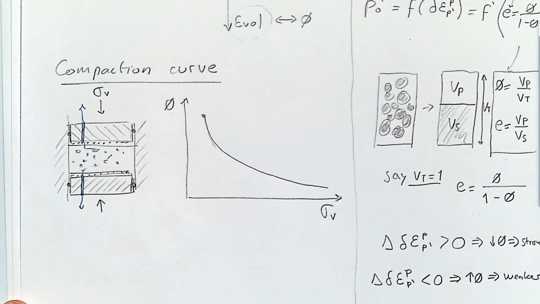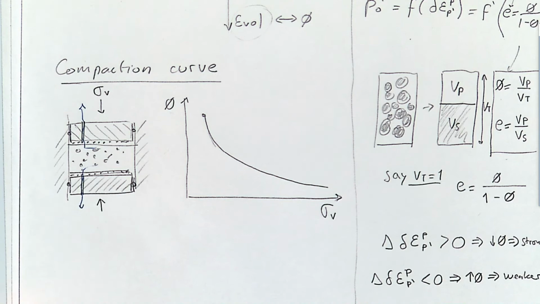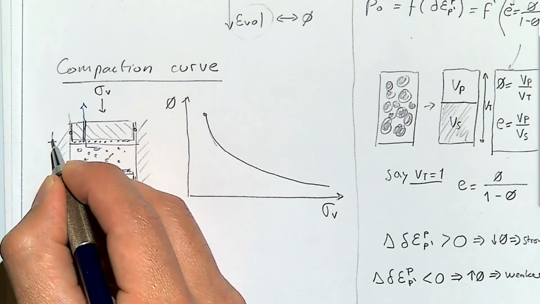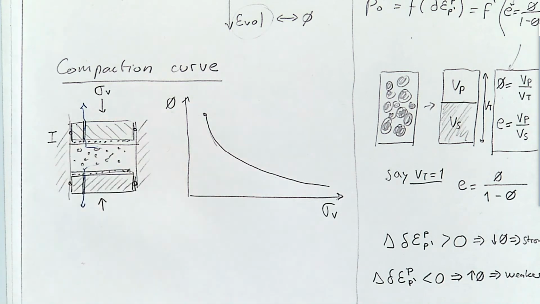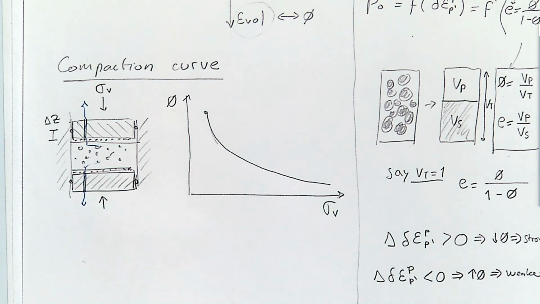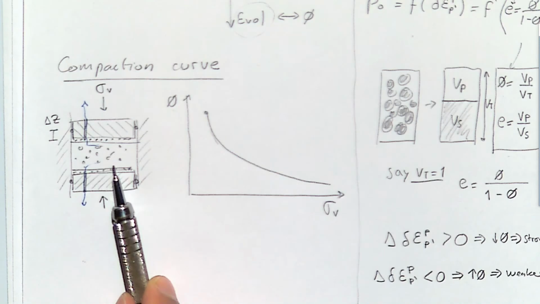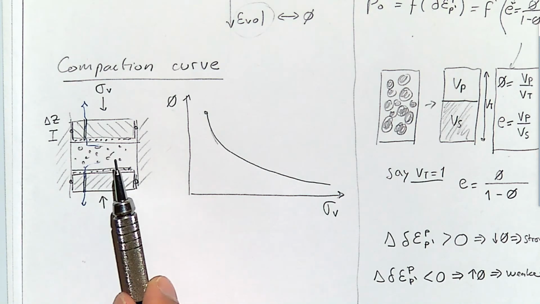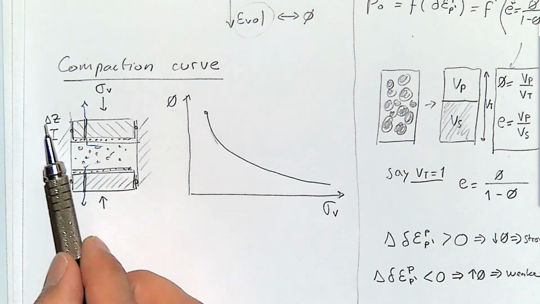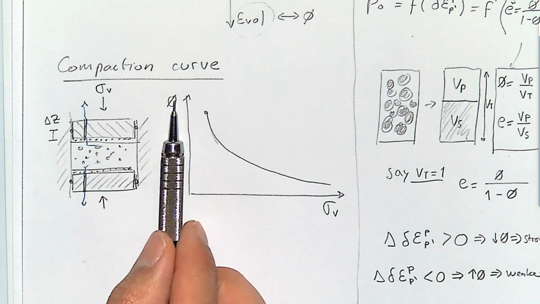How do you measure porosity in this case? What you do is measure the displacement as you compact them. Since you know the initial amount of rock and the initial porosity, by knowing how much it deformed, you can tell what the porosity is.